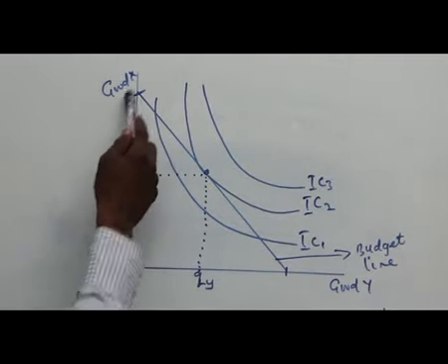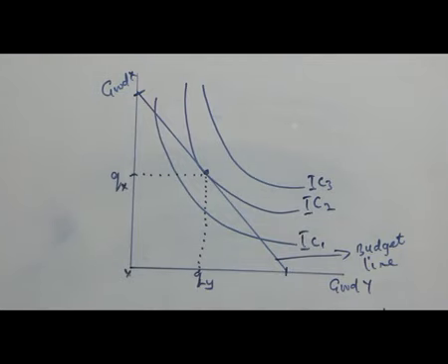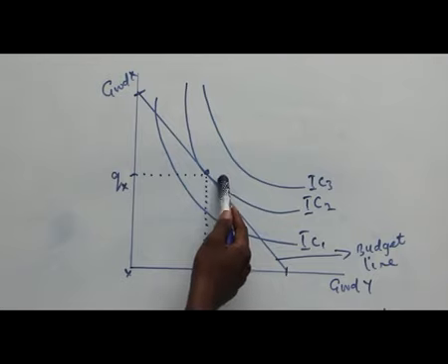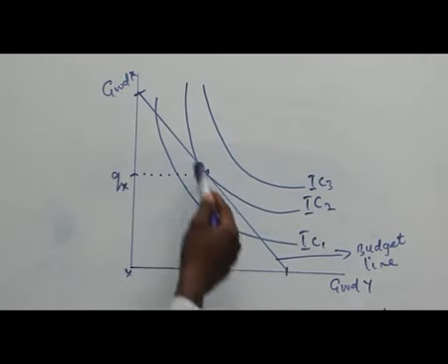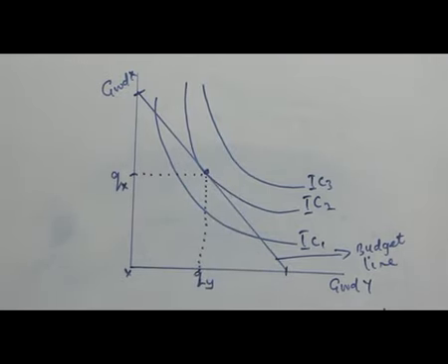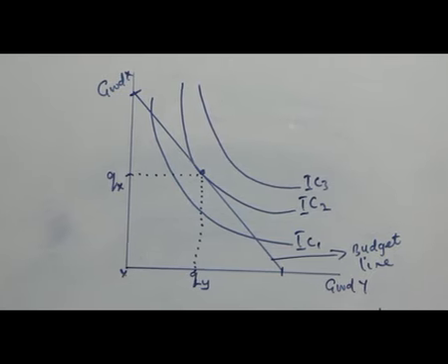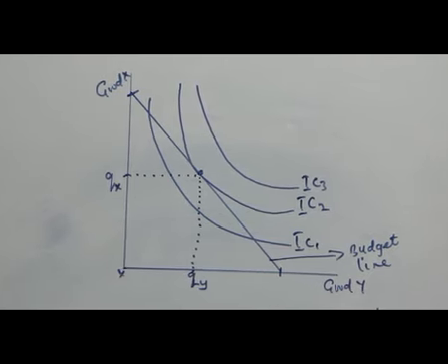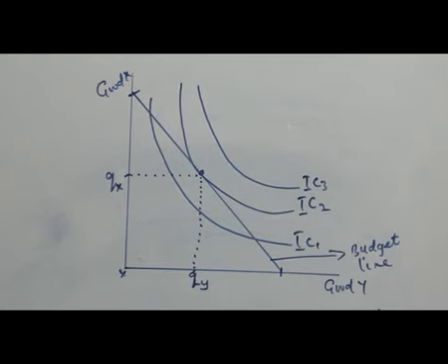Now we have good X, we have good Y. You observe that the indifference curve touches the budget line, and it's telling us that at that point we can see consumer equilibrium. That is a point where the consumer is able to have the attainable indifference curve as well as the price that he is willing to pay for the 2 commodities.